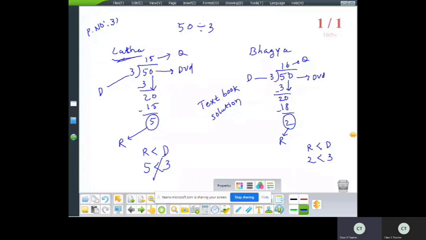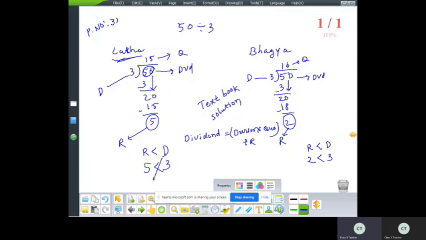By our formula, dividend is equal to divisor into quotient. Using this formula, we get 50 and 50.